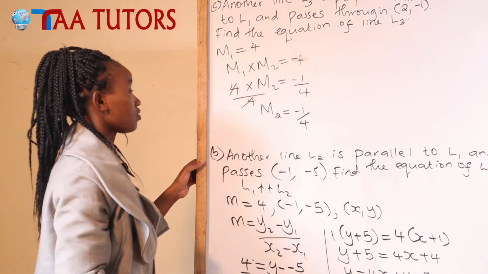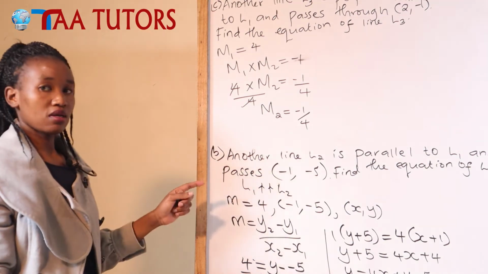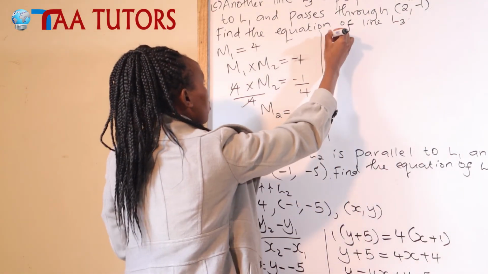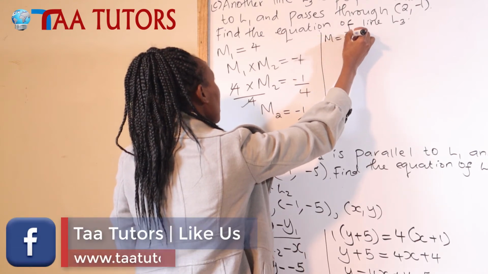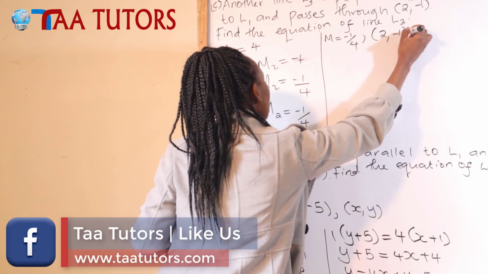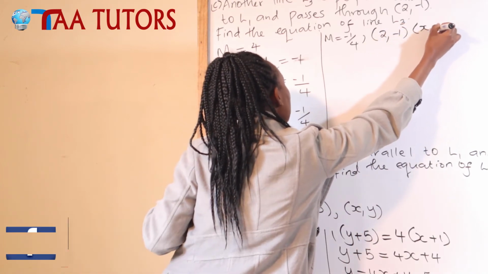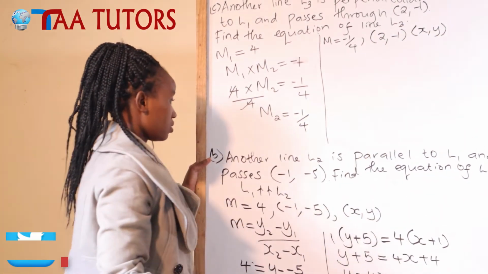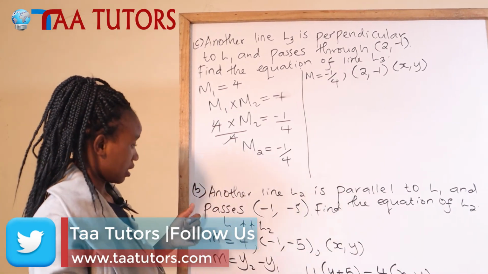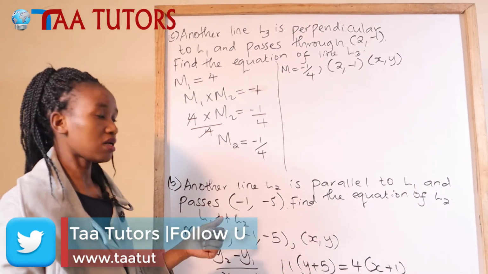Now we have the gradient of line L3. Now we can find the equation of L3 because we have the gradient, -1 over 4. This line L3 is passing through the point 2, -1. We take another point x, y. So we use the formula for finding the gradient of a line. M equals y2 minus y1 over x2 minus x1.